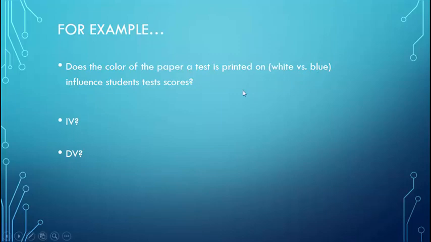If I see a difference in students' test scores when I compare the group that got the white test versus the blue test, can I really say it was color of paper that caused the change in test scores? Well, I have a confounding variable of gender, because I don't know if it was white versus blue paper that caused the change in test scores, or was there really a difference in performance when comparing males and females on this test? In that case, I have a confounding variable.